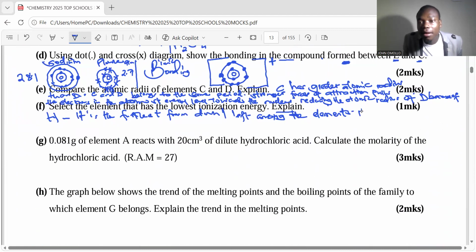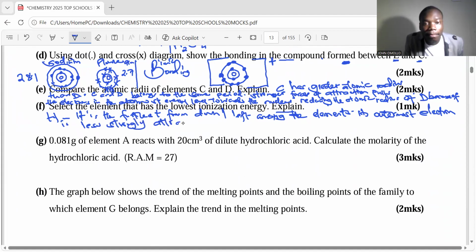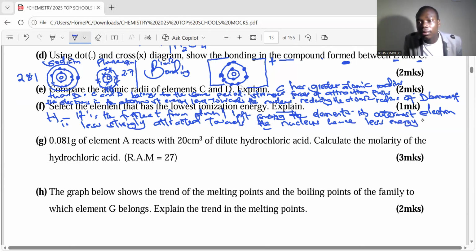So we say its outermost electron, which is just one, is less strongly attracted towards the nucleus, hence less energy required to be removed.